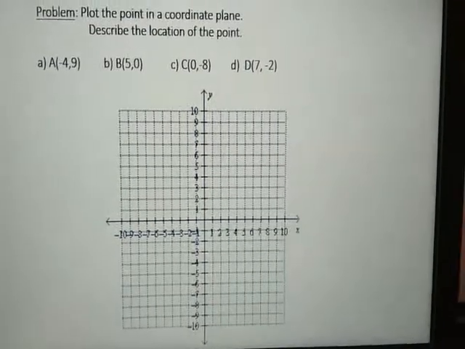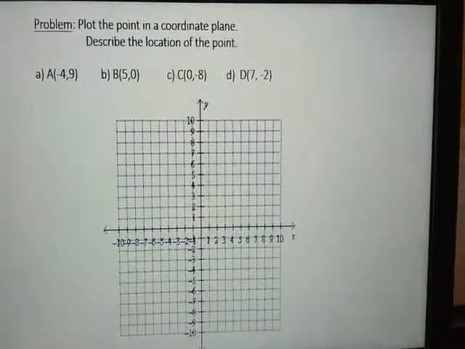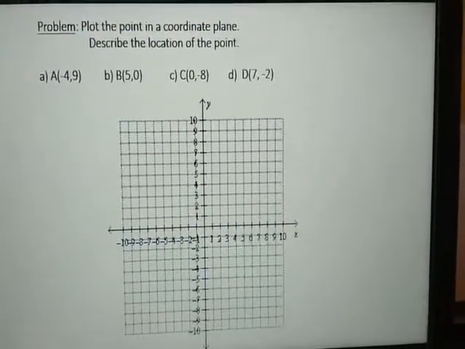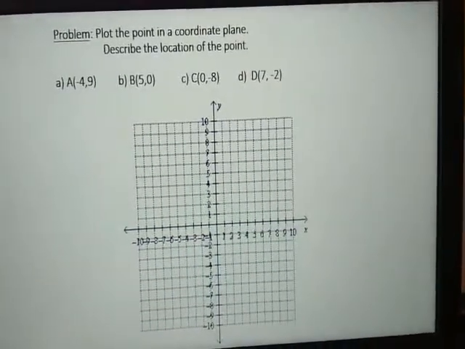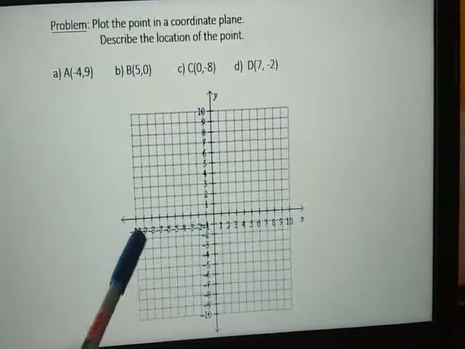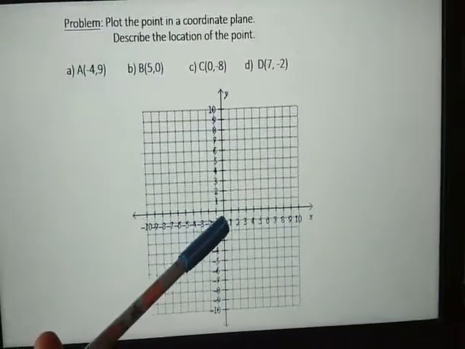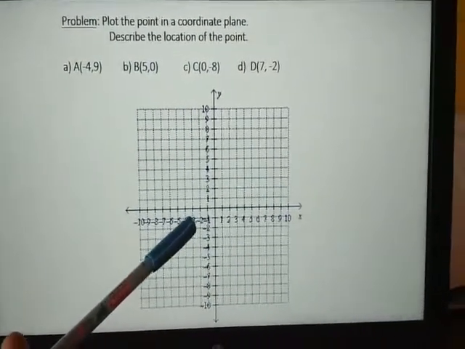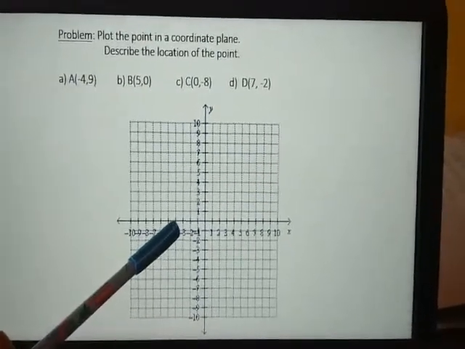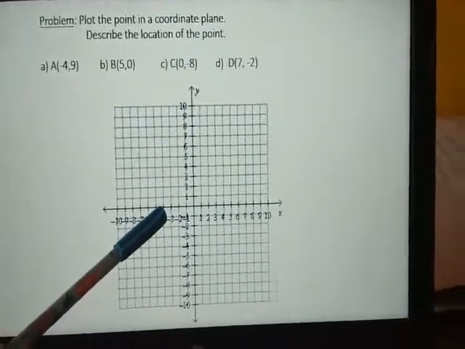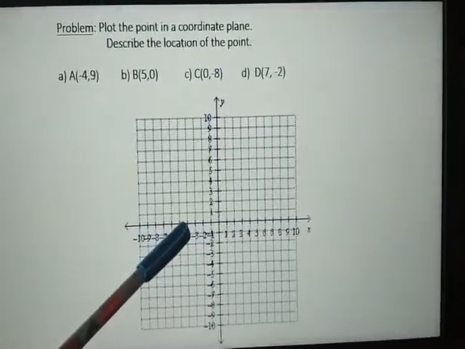First, what is the point given here? A, minus 4 comma 9. Minus means from the origin we have to move towards the left. See here, minus 1, minus 2, minus 3, minus 4. On the x-axis the abscissa value is minus 4. And what is the ordinate value?